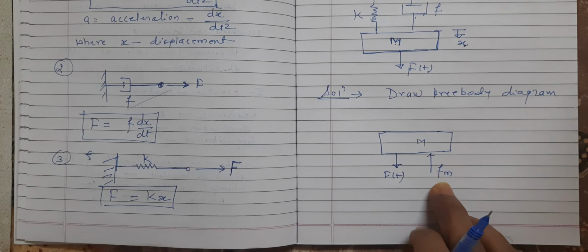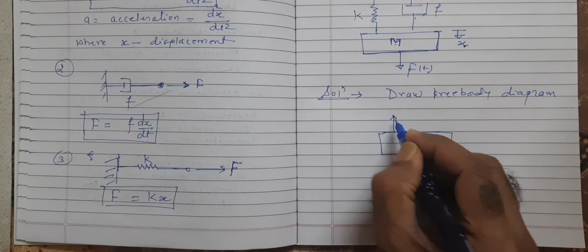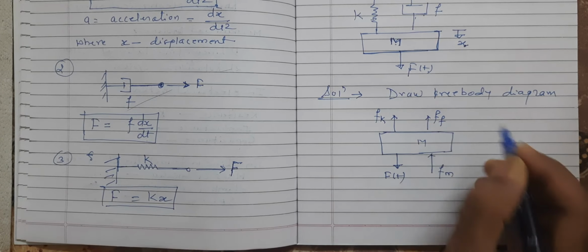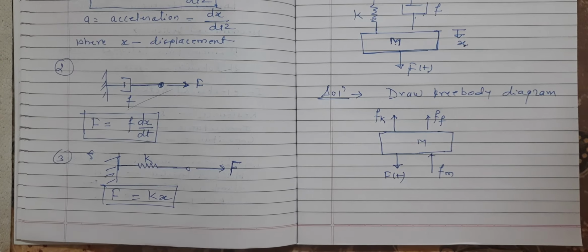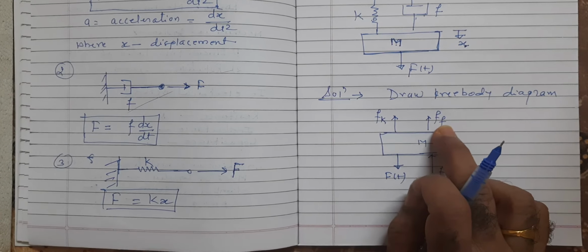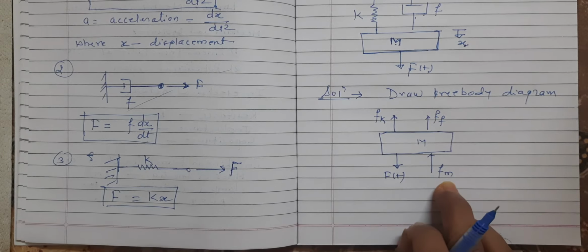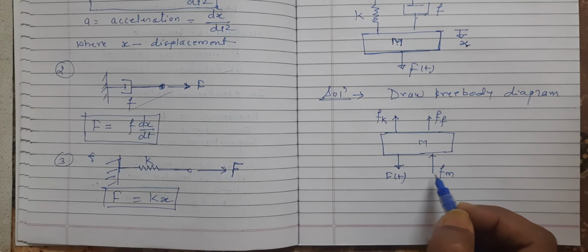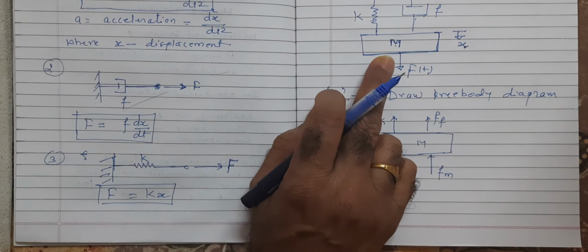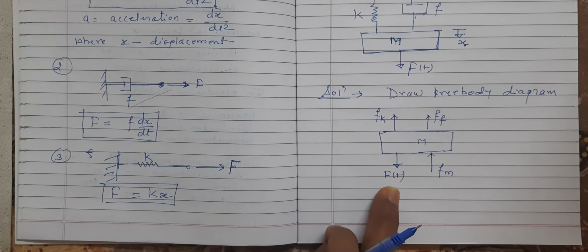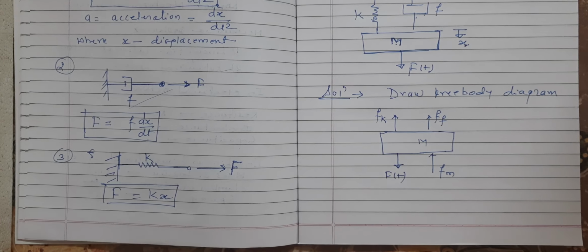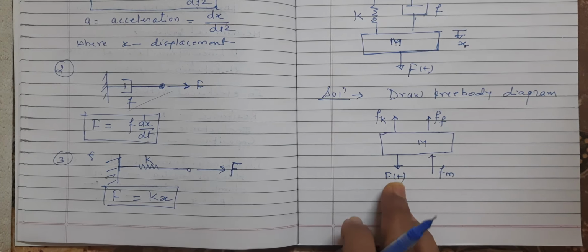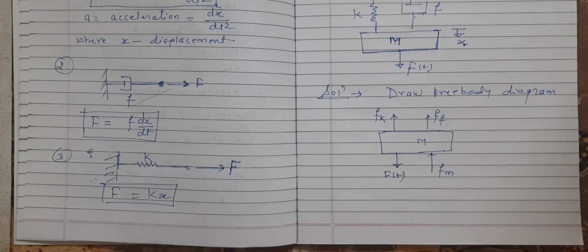This is the force due to the mass, this is the force due to the spring k, and this is the force due to the damper f, that is Ff. The three elements' forces Fm, Ff and Fk are there, as well as the applied external force in the downward direction, so all the element forces appear in the opposite direction of the applied force.